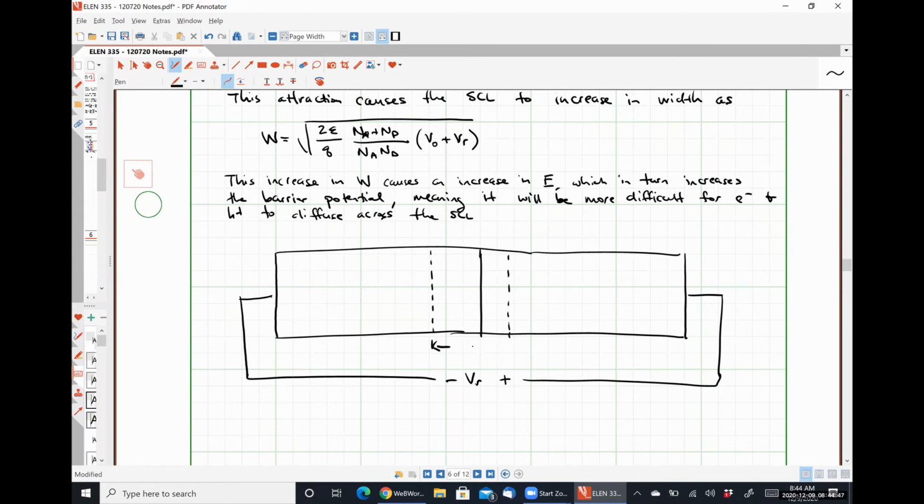So here's our depletion region with W. This is our XP direction. This is our XN direction.